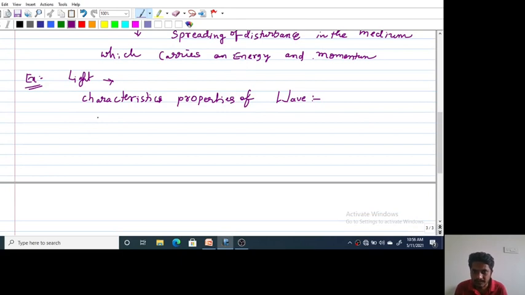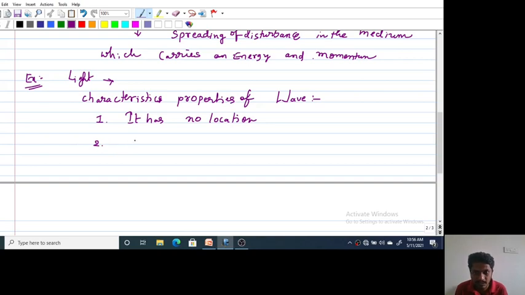So wave has no location. It cannot be located here and there. It continuously spreads in the medium. It has no location, a very important property.